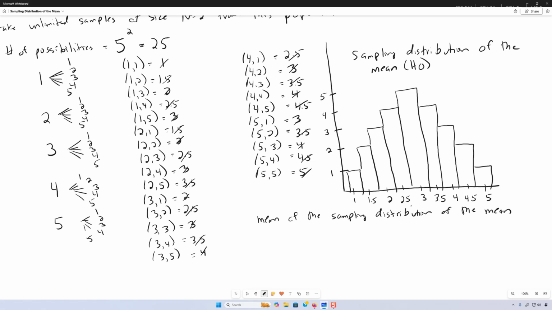The mean of the sampling distribution of the mean is equal to the population mean. So if you looked at that population mean, the population 1, 2, 3, 4, 5, and you found the mean, it's equal to this, right?